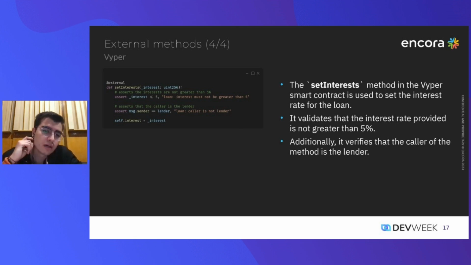As you can see, Vyper is really readable, so even if you don't know anything about smart contract programming, you can understand what is going on. So I think that's something that is going to be really important in the future.